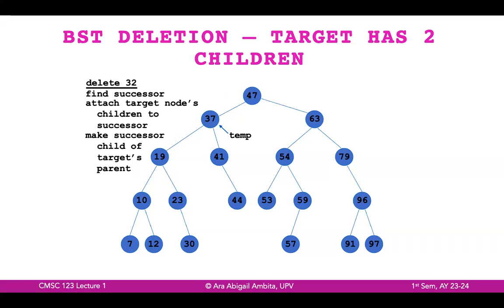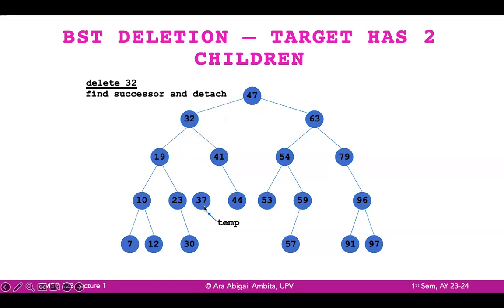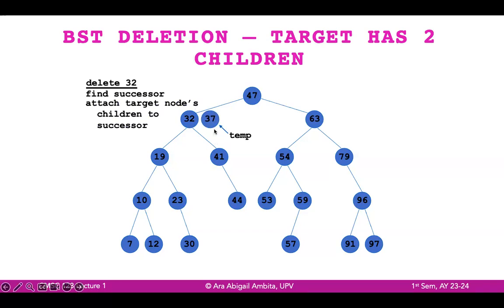Okay, so understood? If it has two children and we are looking at the successor, then we look at the leftmost node of its right subtree. And then this is the successor, and we attach the target node's children, so 37 is attached to 41 and 19, and make the successor a child of the target's parent, in this case 47, and we can remove 32.